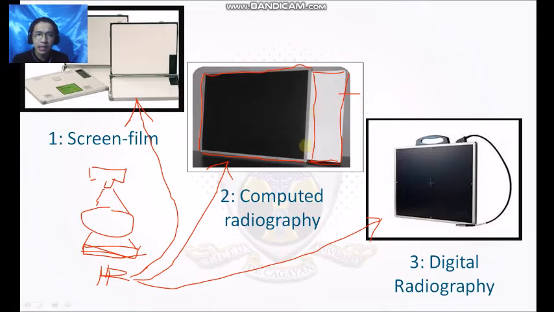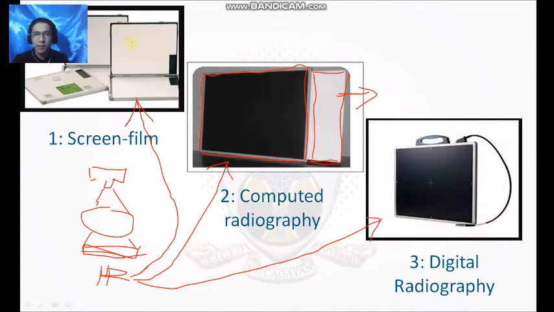In computed radiography, it will be the computer system, the computed radiography processor, that takes this out of the cassette. It is not easily removed. The cassette has a locking mechanism to lock the imaging plate in place, inside.